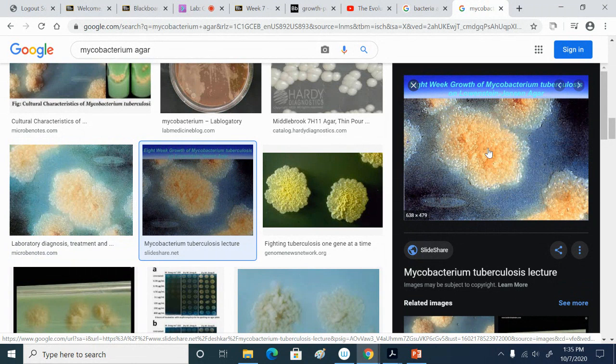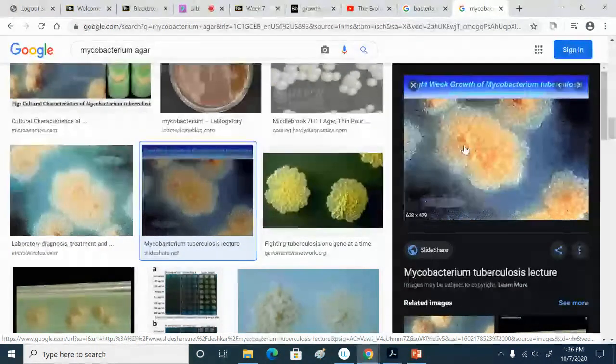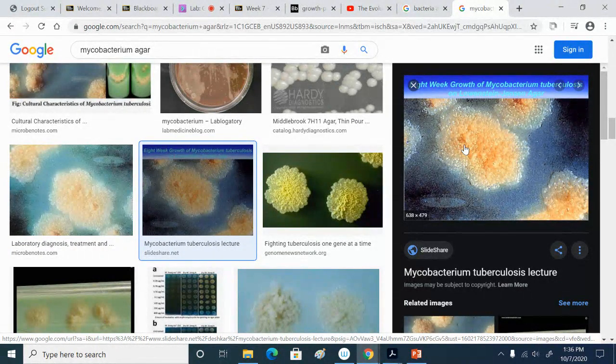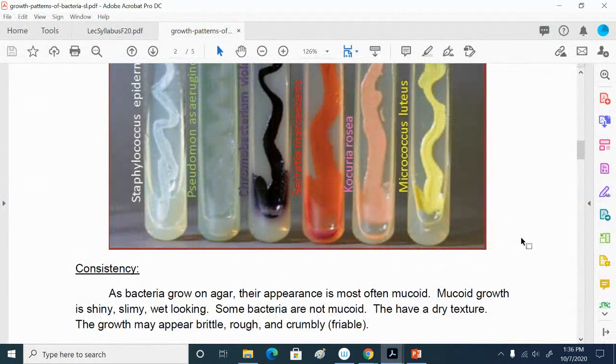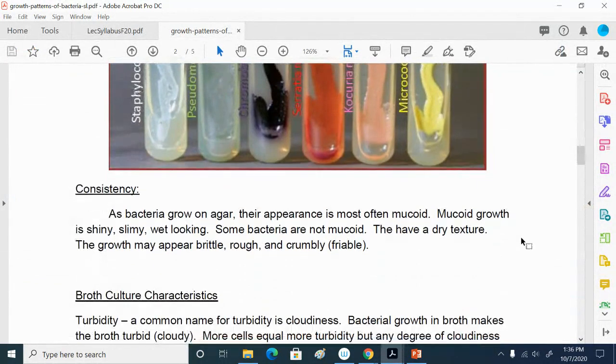What else do you notice about Mycobacterium? It's orange. So there's a definite pigment. It's a golden, yellow, or orangey pigment. But that was an example of a dry organism.